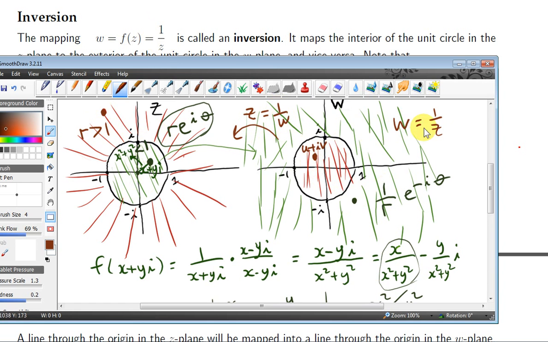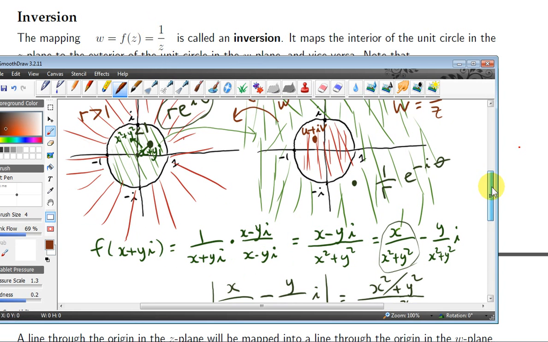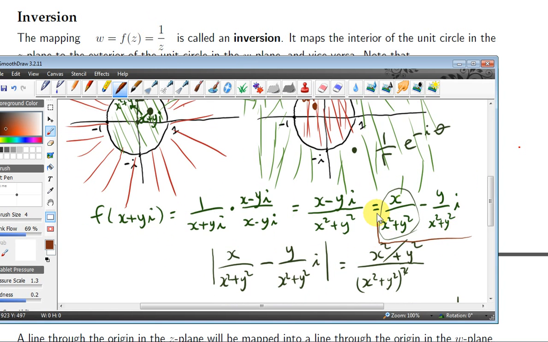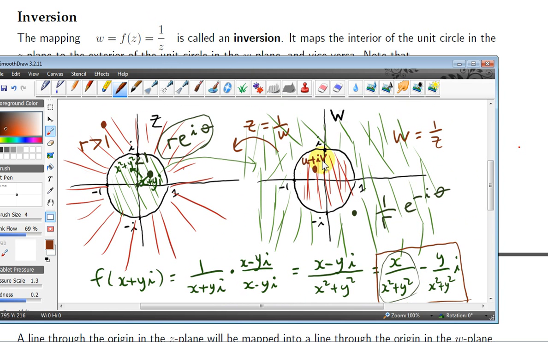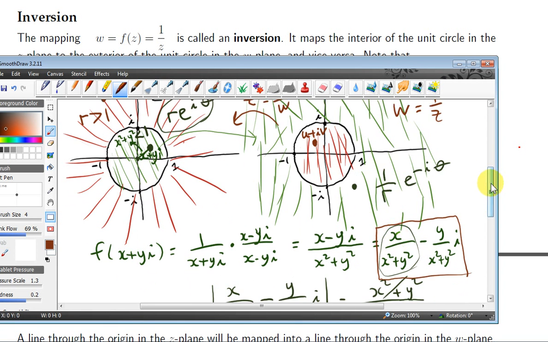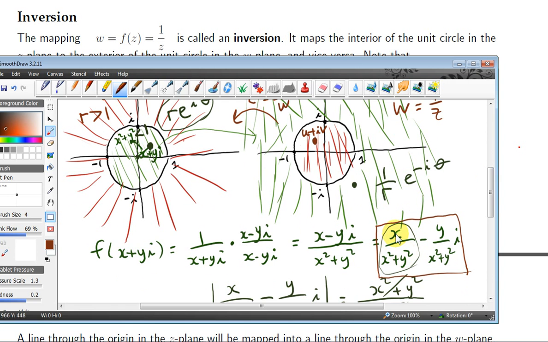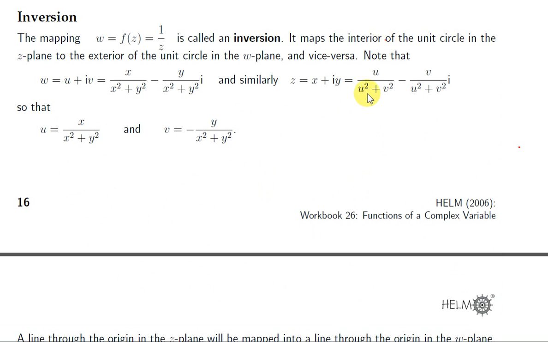But 1 over w will have the same form as 1 over z, of course. So it'll have this form here. But we call w u plus iv. So when we get 1 over w, we have the same form as this, but we replace x with u and y with v. So we get this here.